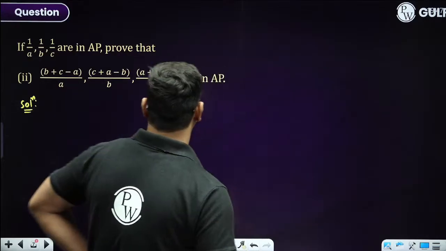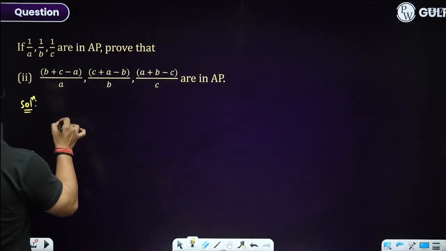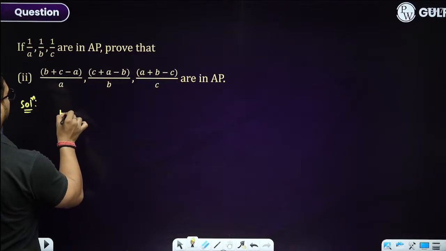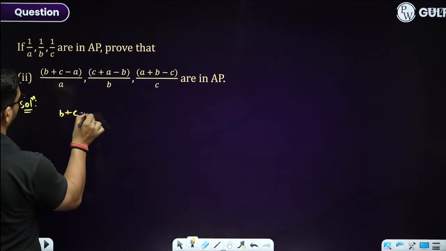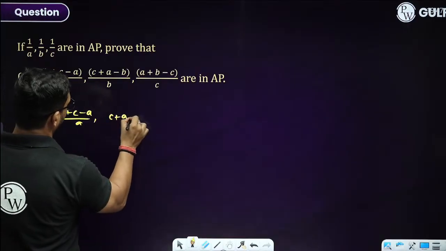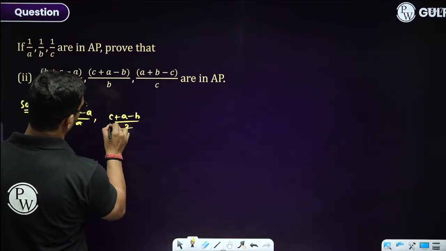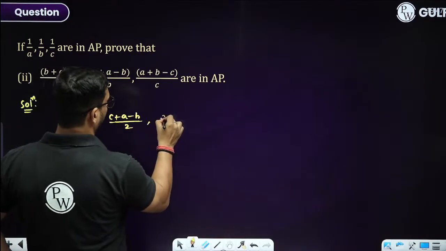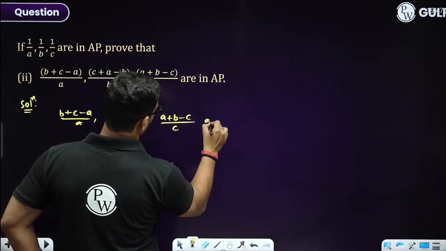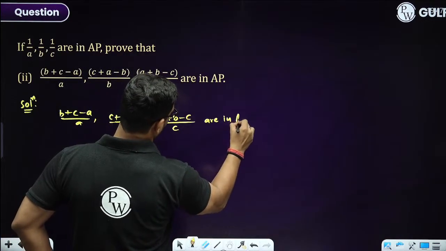So guys, let's say we have (B plus C minus A) by A, (C plus A minus B) by B, and (A plus B minus C) by C are in AP.